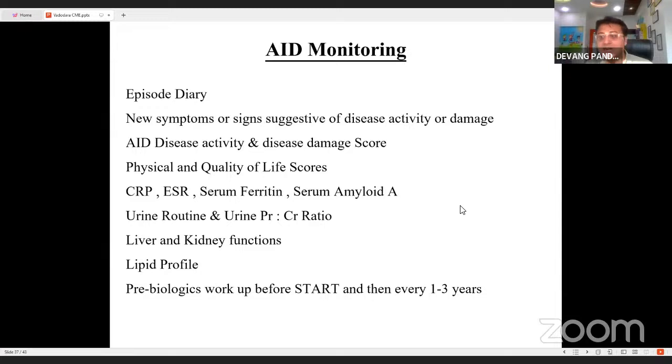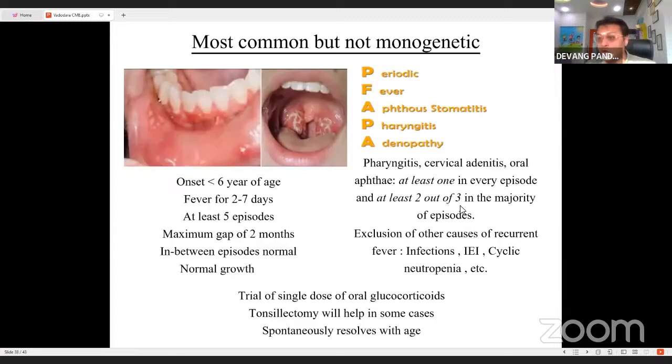And obviously before starting any biologic, we have to get a pre-biologic workup done, which is CBC, routine, SGOT, SGPT, and TB screening, like chest X-ray, TB Quantiferon Gold, or Mantoux test, and if any one comes positive, we can go for an HRCT as well. We should keep a low threshold for such investigation before starting biologics. And if a child is on biologics, we have to screen for tuberculosis every 1 to 3 years, depending on the situation. So this is how we have to monitor.